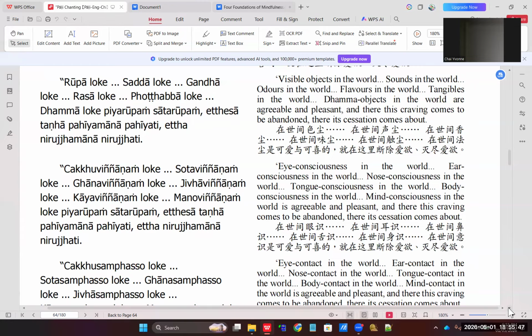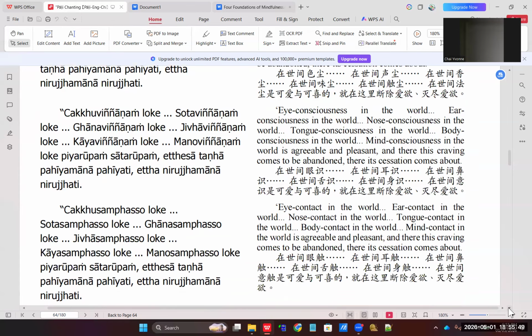There its cessation comes about. Eye contact in the world, ear contact, nose contact, tongue contact, body contact, mind contact in the world is agreeable and pleasant, and there this craving comes to be abandoned, there its cessation comes about.